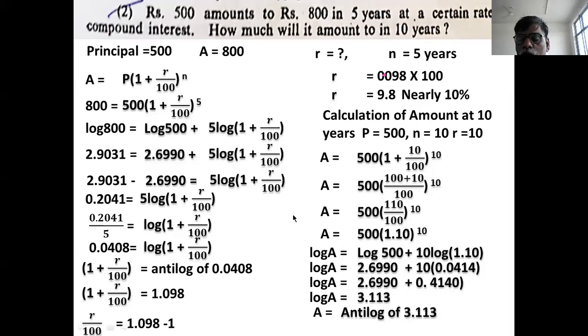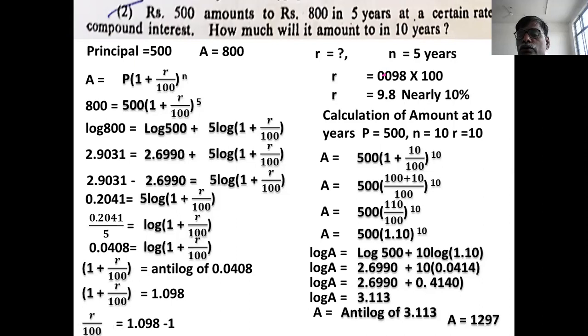If you see the anti-log table, amount is 1297. I considered 10 as the nearest rate, and you calculate the rate as 9.8. Consider the rate as 9.8 and ascertain the answer.